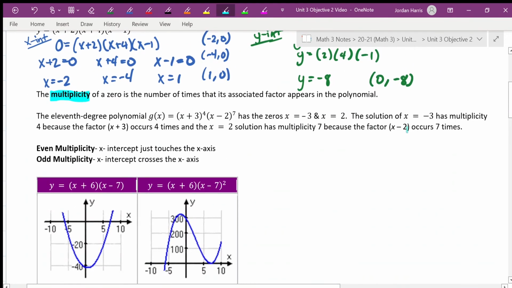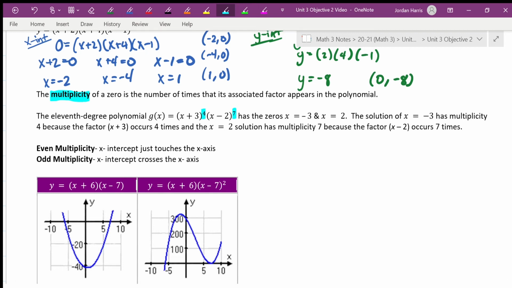Since the factor for negative 3 has a power of 4, it has a multiplicity of 4, meaning it occurs 4 times. X equals 2 has a power of 7. So the powers here are the multiplicity, so that one occurs 7 times.